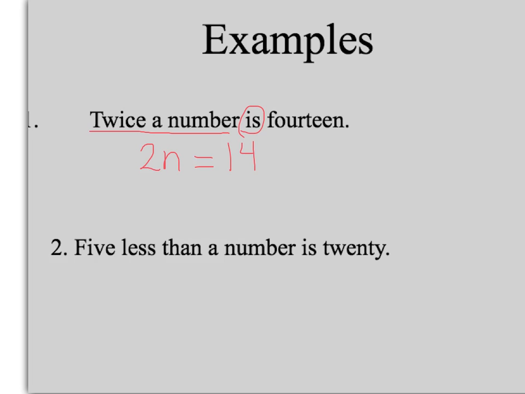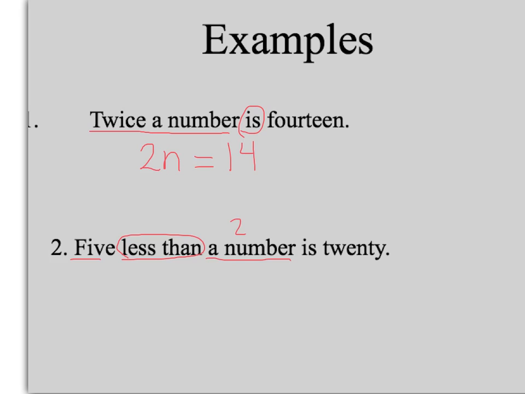Number 2, 5 less than a number is 20. So 5 less than. Remember we said that when you see that less than, then the second number goes first. So in other words, less than a number.